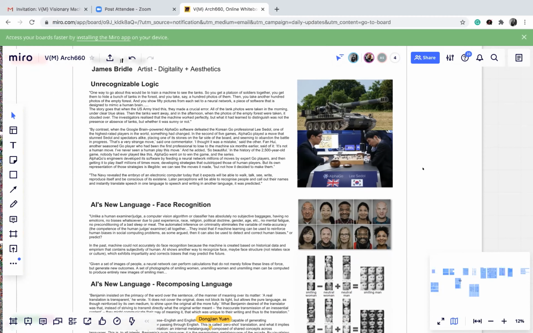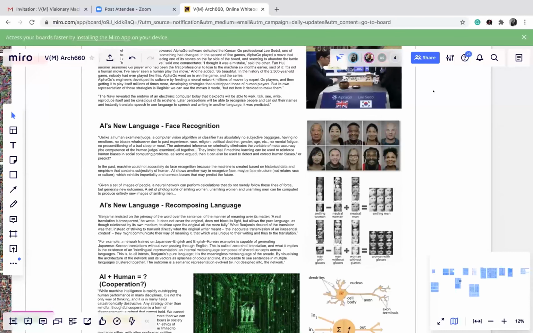Like face recognition, they can recognize faces, and also use different structures of facial recognition to create fake faces. With different inputs, like smiling or different emotions, they can combine into another one. Also AI can recompose language based on the existing database they have.